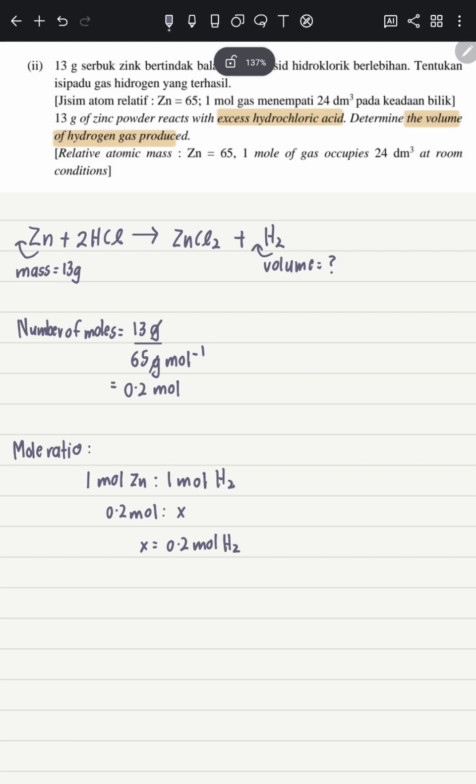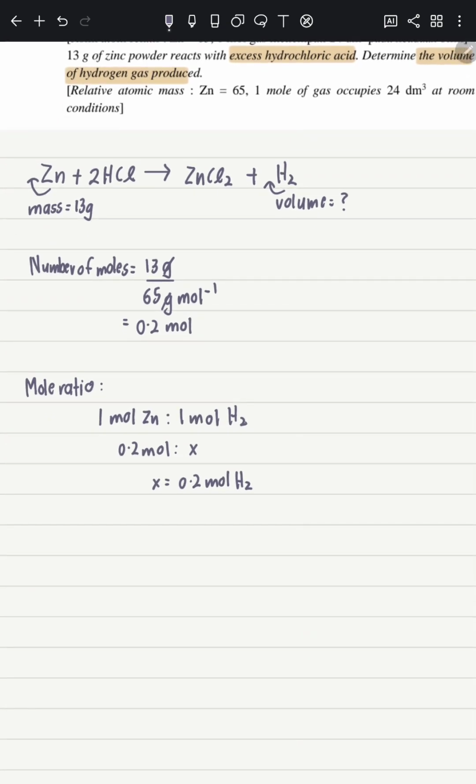Now I don't want the number of moles, I want the volume, so I just use this formula again. Number of moles equivalent to volume over molar volume.